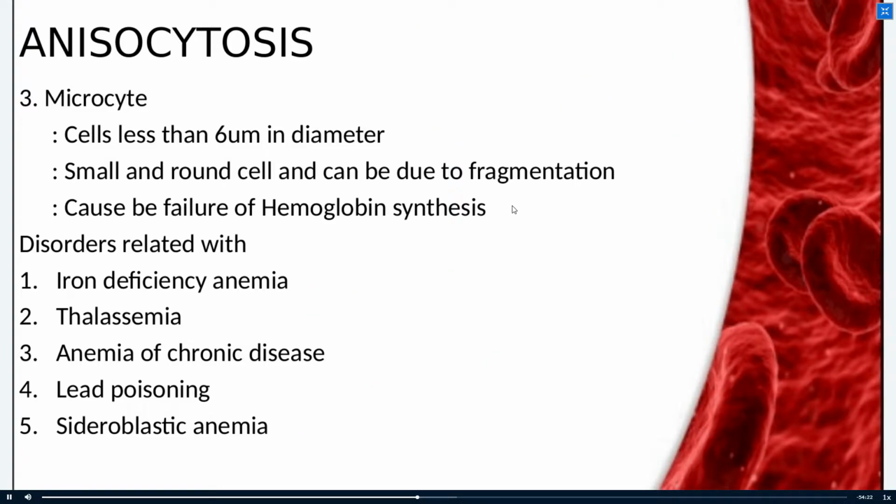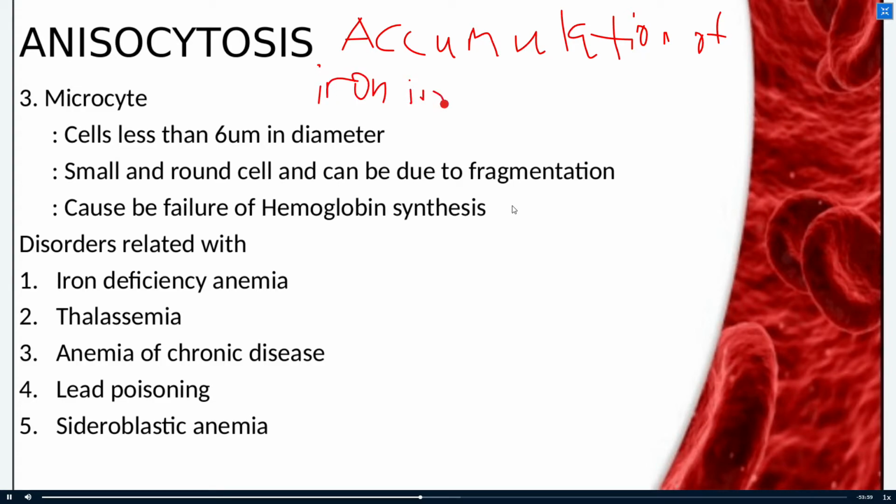Okay. The last one would be your sideroblastic anemia. So in sideroblastic anemia, class, there is what you call accumulation. Naiipon sa Tagalog. Accumulation of iron in the cell.